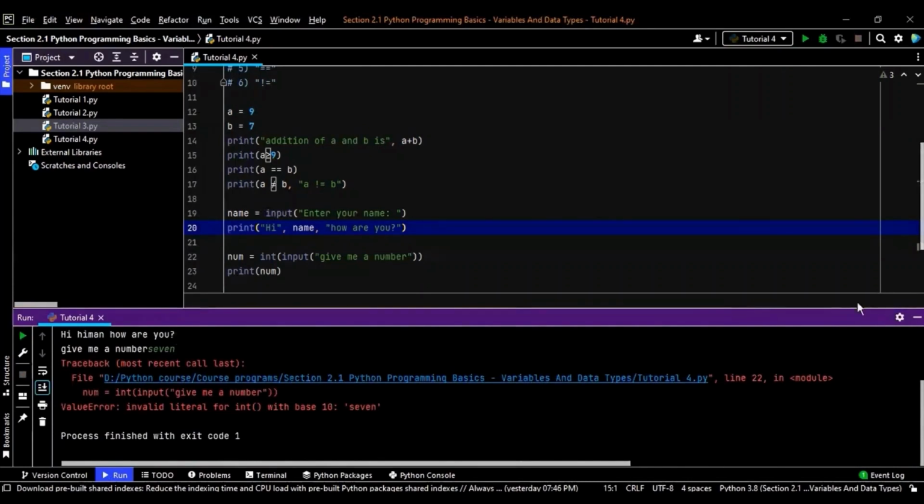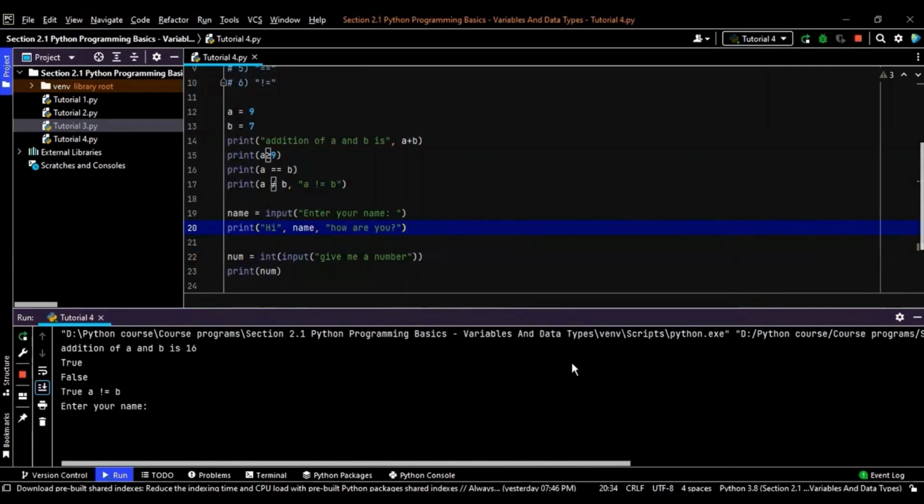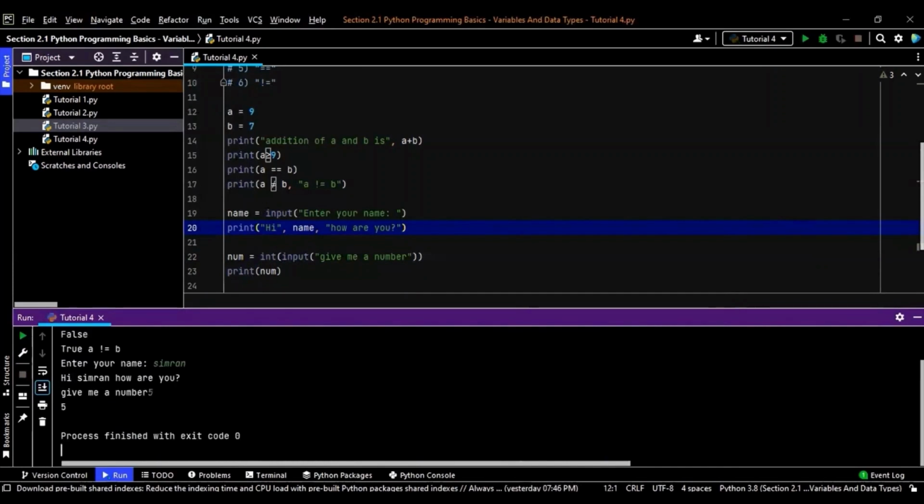It's because we are asking for an integer, and what are we giving? We are giving a word. So definitely it's not possible for Python to understand what exactly is going on. So now let me write down the name again and give me a number. I'm giving it a 5. So it will give me 5 as the answer as well.